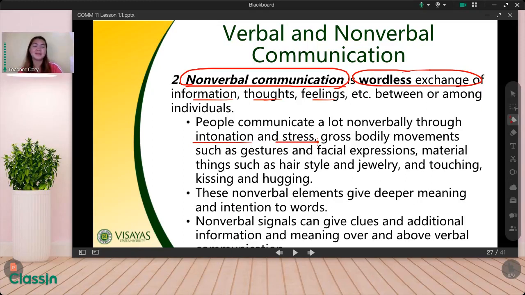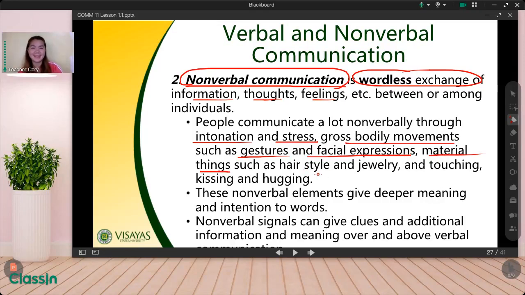That's why sometimes it communicates more than what the words we're using are, because it carries more meaning. If you're angry, it will really show in your stress, in your intonation, your body movement, your gestures, facial expressions most often, material things also.